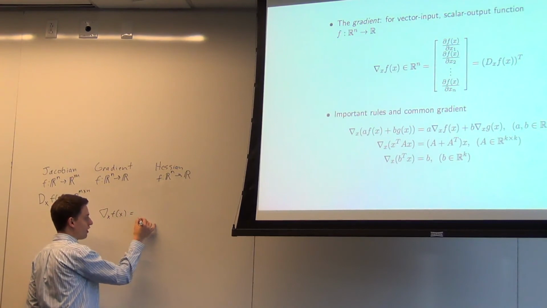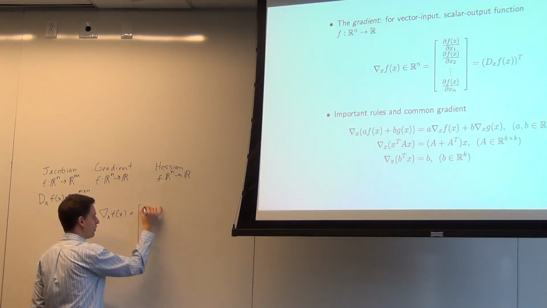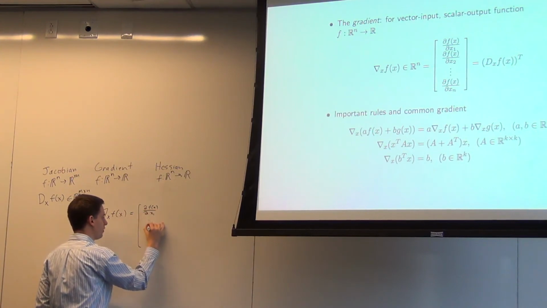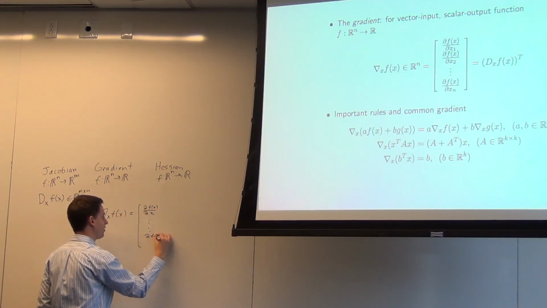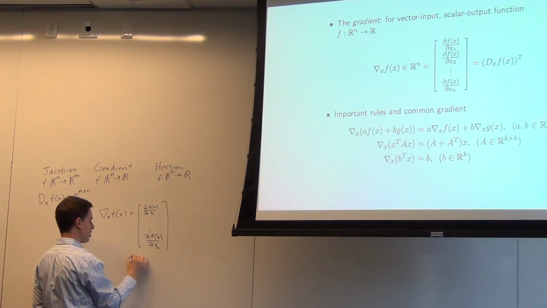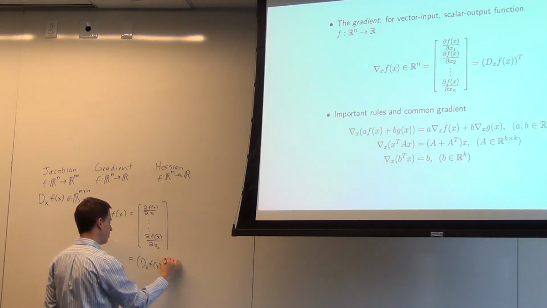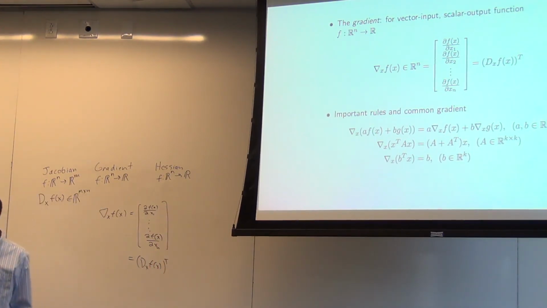That's the gradient. It's just the vector of partial derivatives, partial f of x with respect to x1 through xn, which also equals the Jacobian of f of x, transposed.